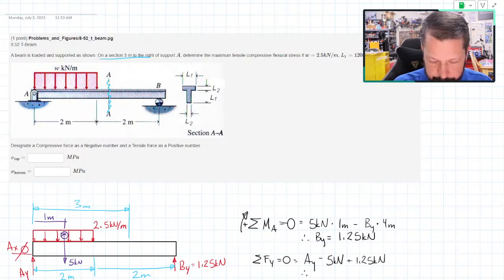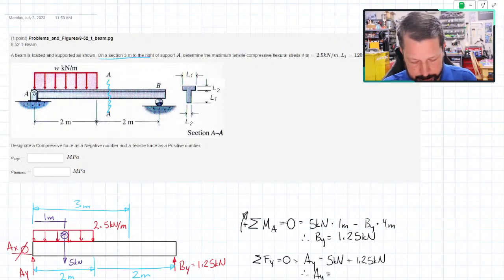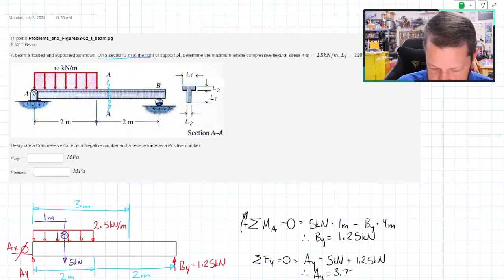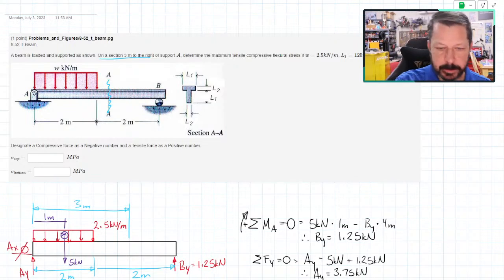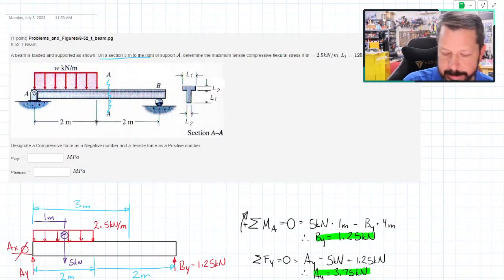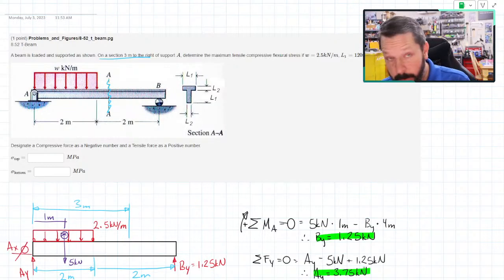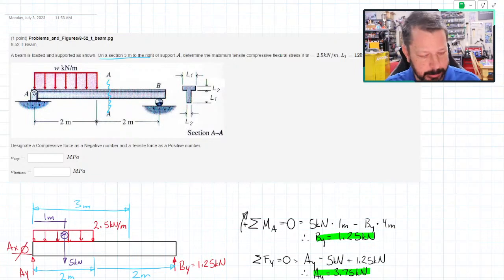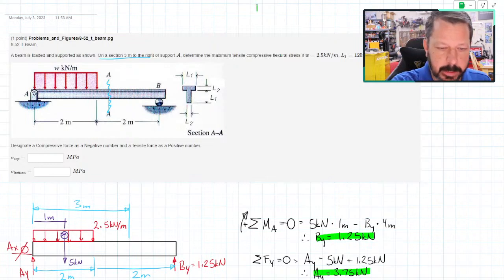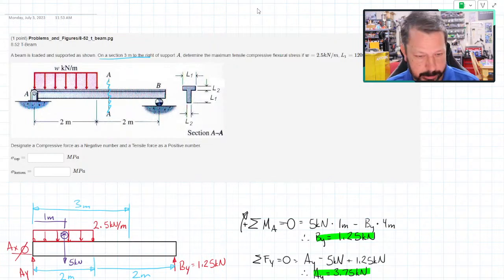Therefore, AY equals 5 minus 1.25, 3.75. Okay, so we have our two reactions, and again, I only need BY or AY, only one of them, to do the direct method, but since I'm going to do both methods and hopefully get the same answer on both of them, I found both reactions.